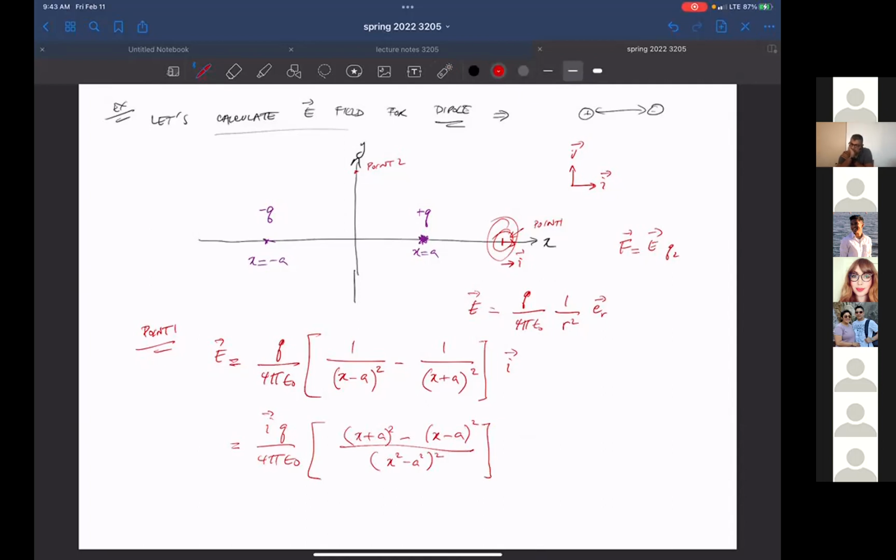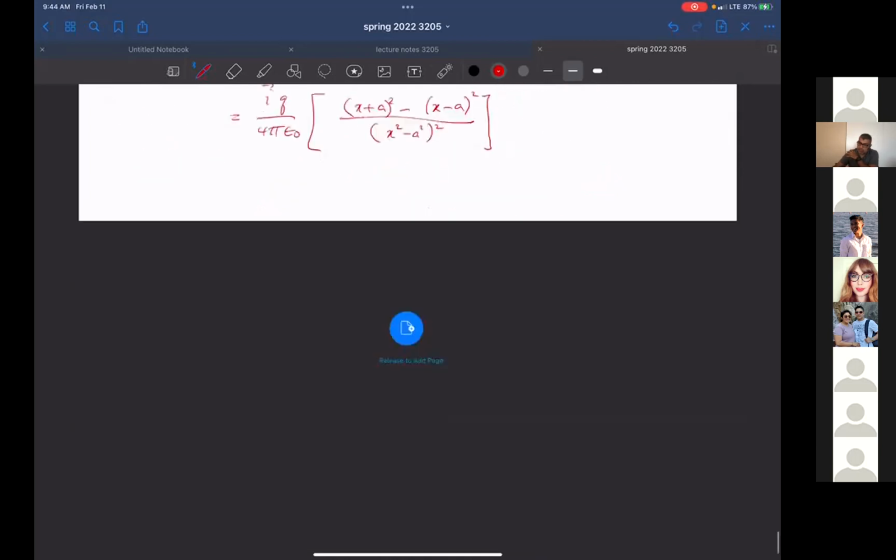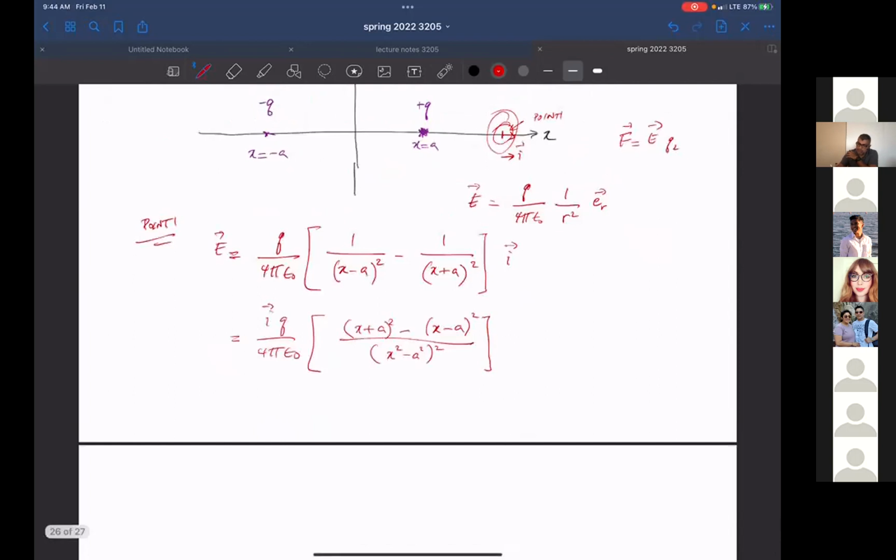Guys, did I skip too many steps there? Were you okay with that? Okay, basically I multiplied both sides times the x plus a squared, this guy, that guy, so I could put them in the same denominator, and that's what ended up on the top.